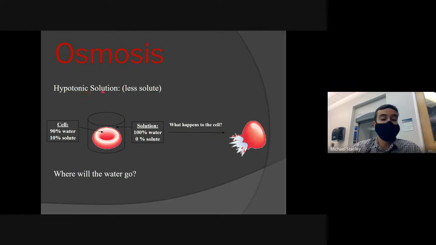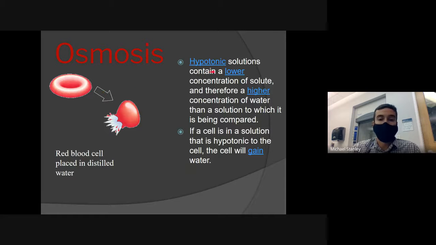So hypotonic solutions are where you have a lower amount of solute. So essentially means you have a really high water concentration. So if a blood cell is placed into a very hypotonic solution, the water is going to go into the cell and cause it to potentially burst.